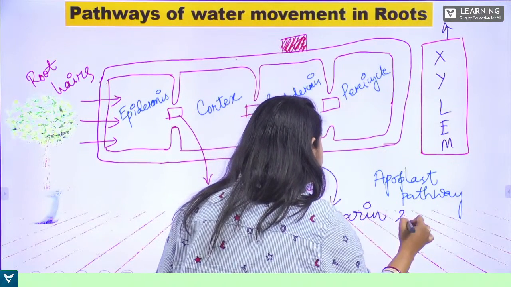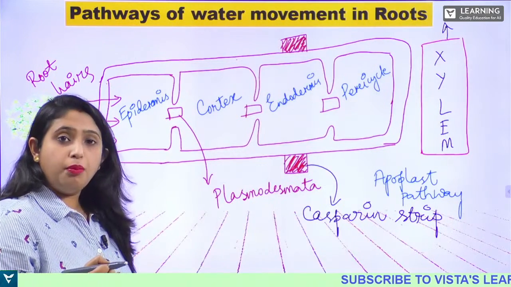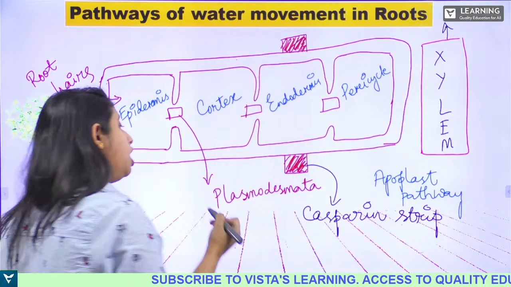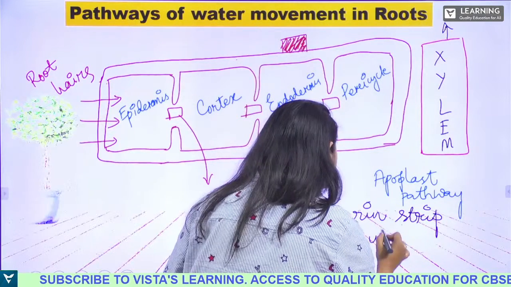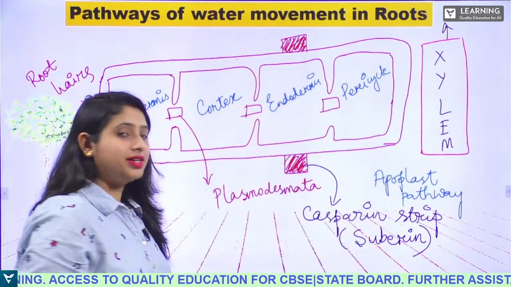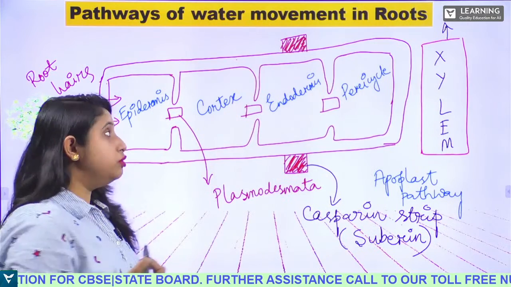This Casparian strip is made up of suberized tissue. It is rich in suberin, which has a waxy nature, so it will not allow the water molecules to pass.